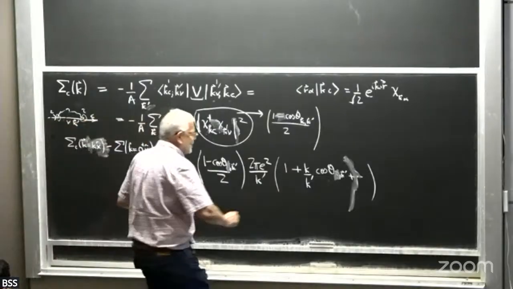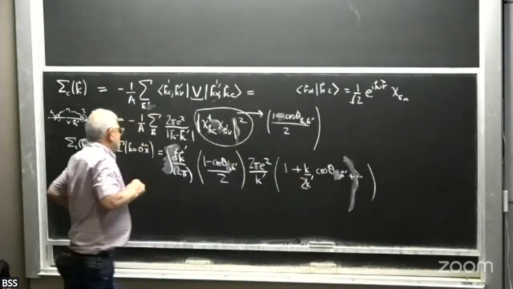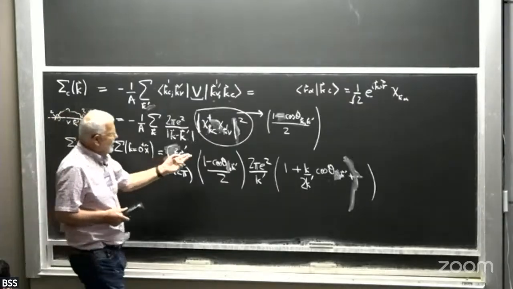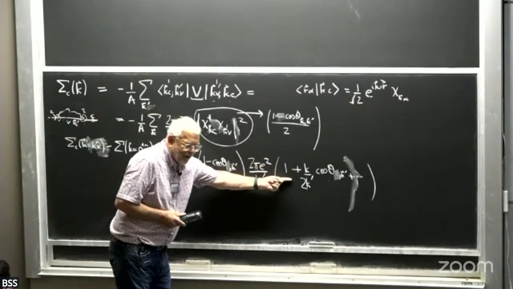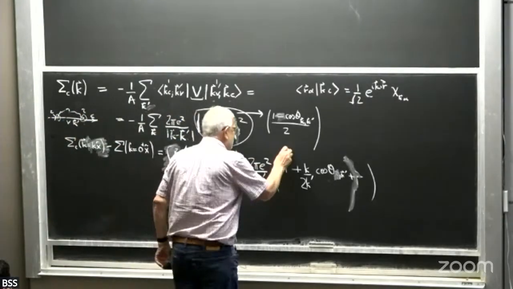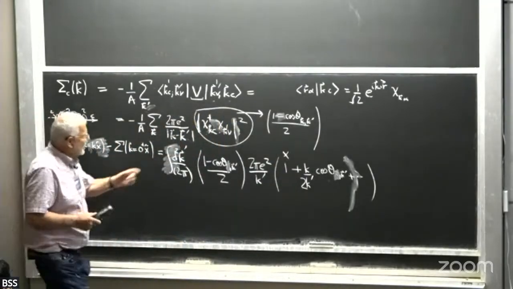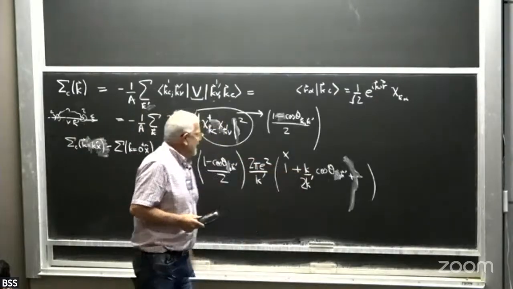Did I forget a factor of 2? So when I do this integral, there's the k equals 0 term, which we've already agreed to throw away. So I'm not going to include that term. I have the linear in k term here.